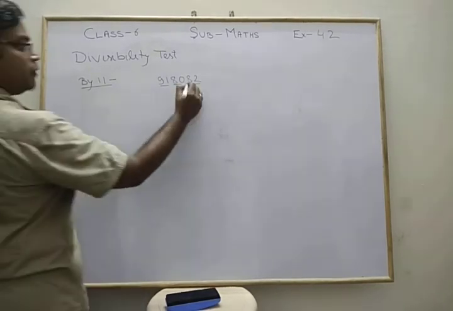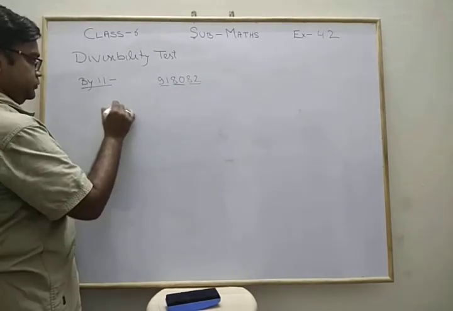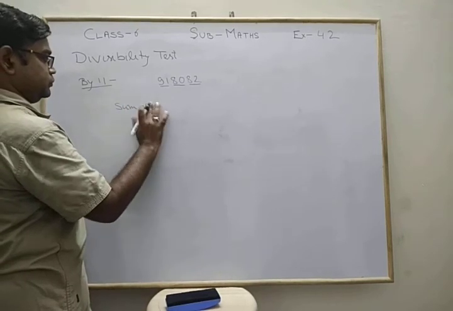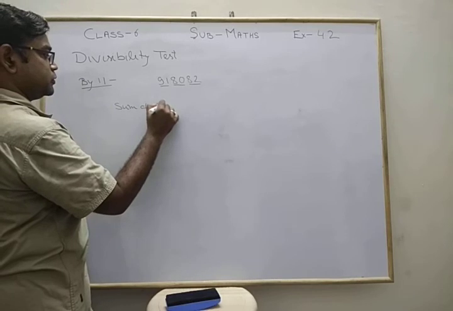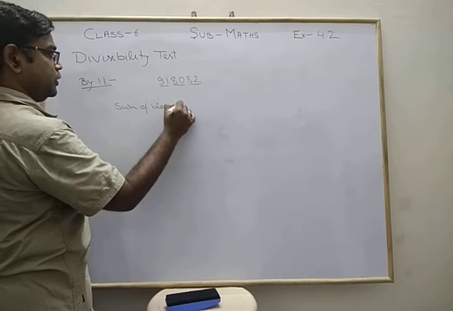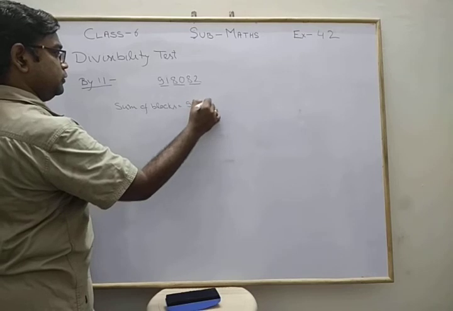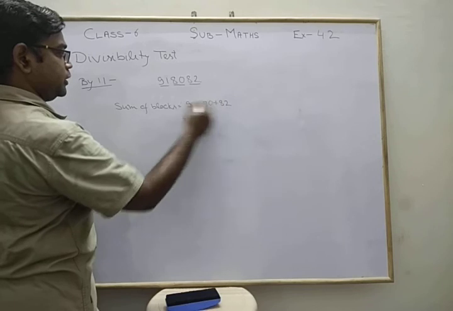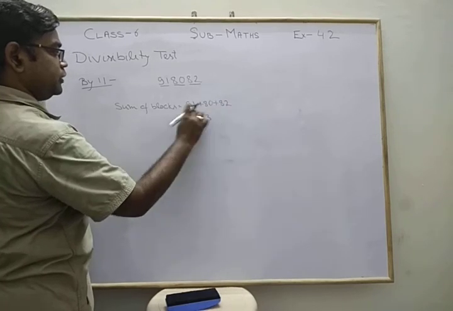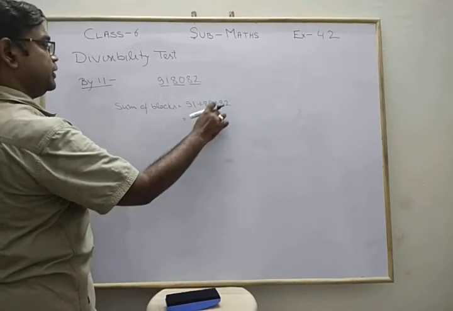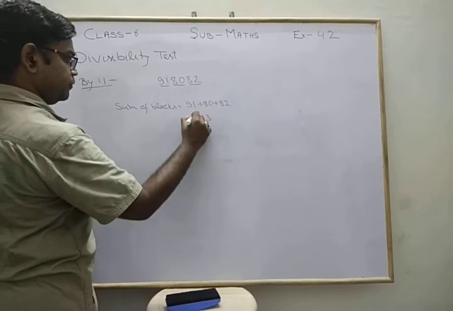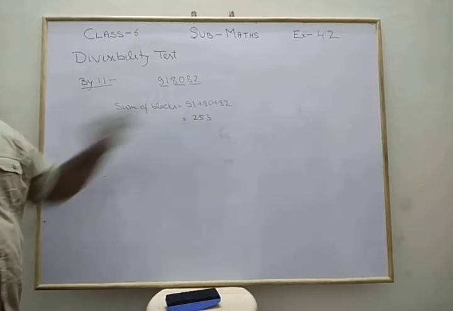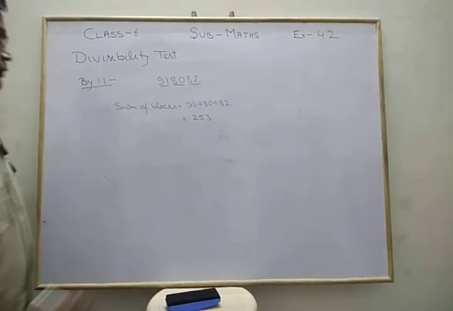Then we find the sum of the blocks: 91 plus 80 plus 82, which is 253. Now we check whether this number is divisible by 11. Yes, it's divisible by 11.